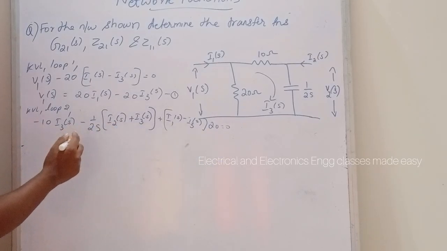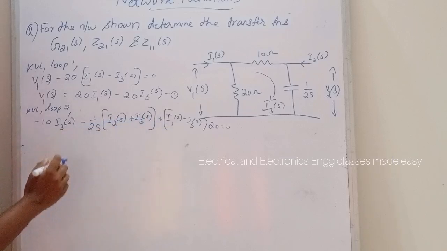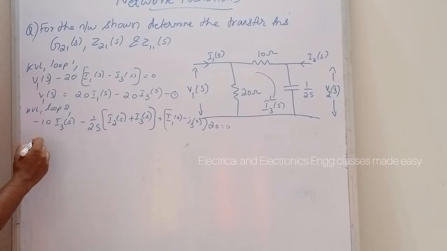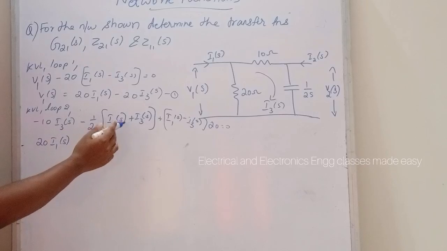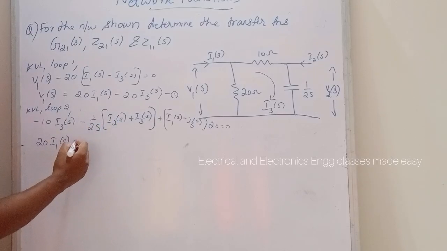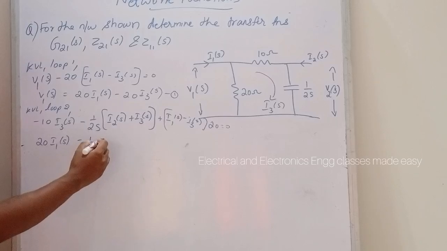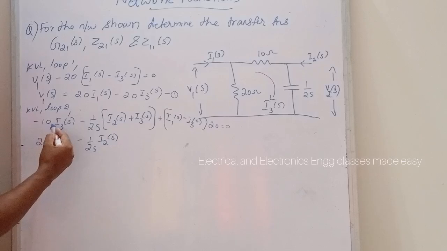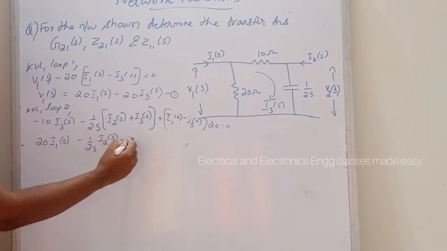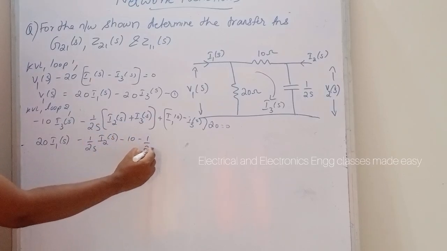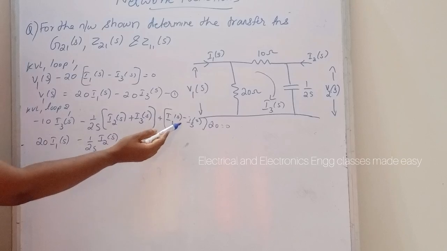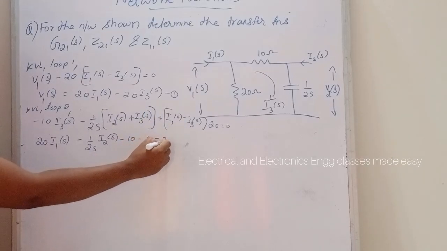Now we can rearrange this equation. Here 20 I1(s) is there, then here I2(s), this minus 1 by 2s into I2(s), then minus 10 I3(s), then here minus 1 by 2s I3(s), then here minus 20 I3(s).